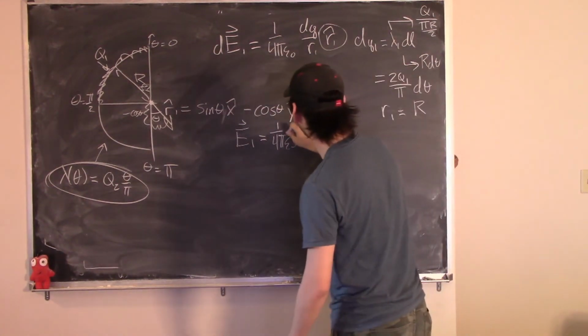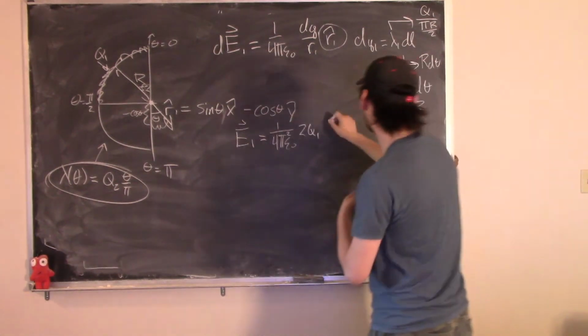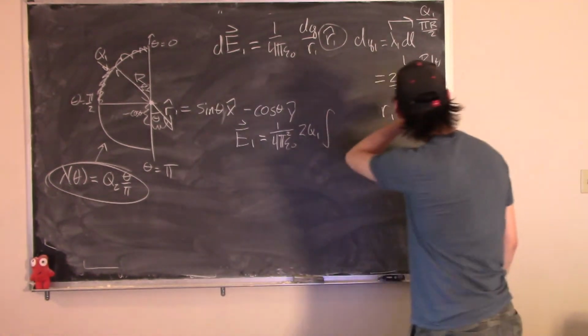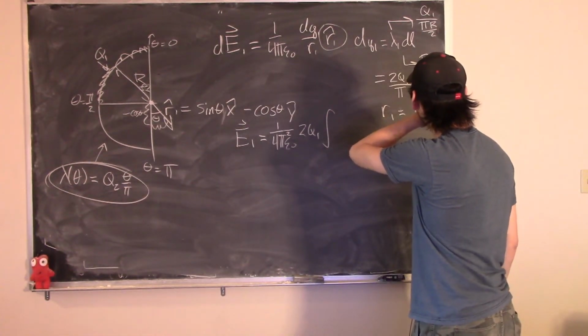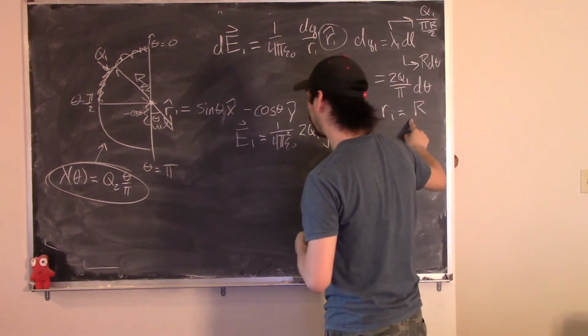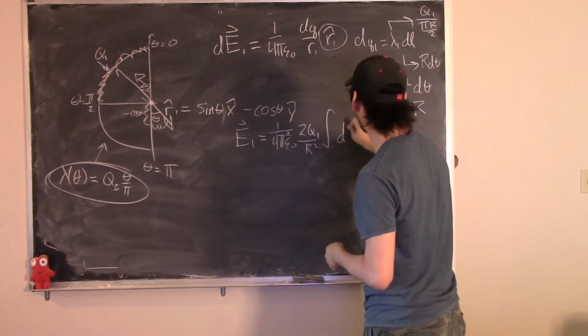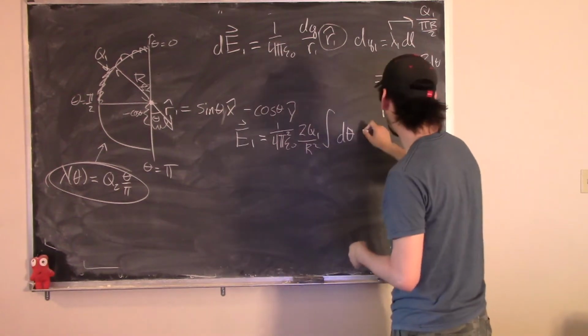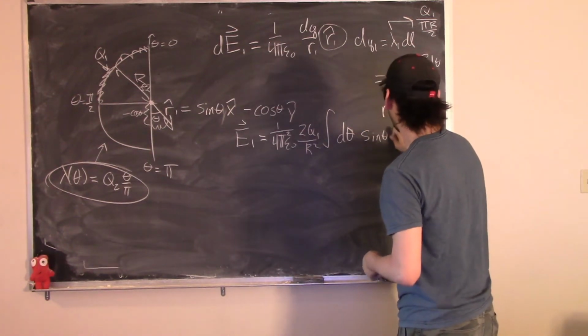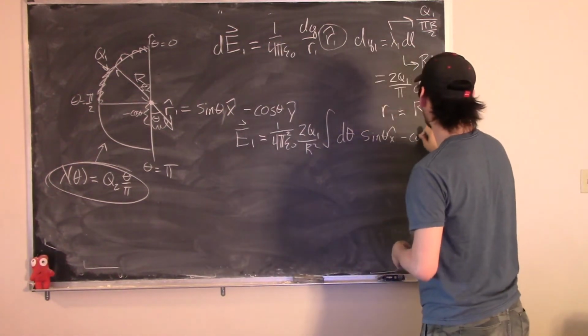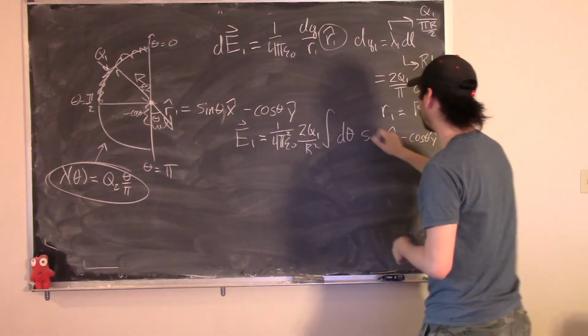That makes this a pi squared times the integral of, I need my r here as well, so this is divided by r squared, times d theta times sine of theta x hat minus cosine of theta y hat.